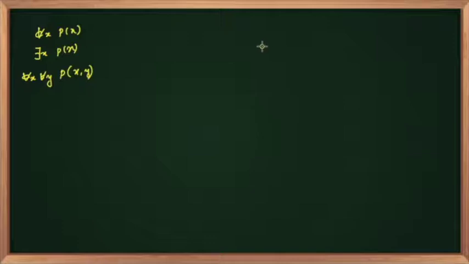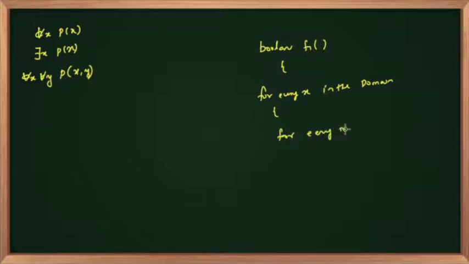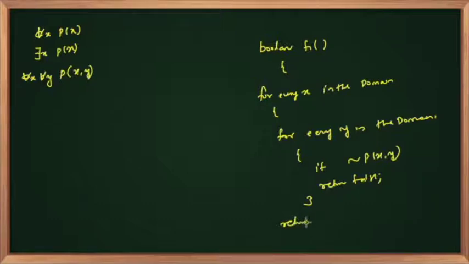So you have a Boolean function f1, and it says for every x in the domain, for every y in the domain, if not of P of x y, that means if P of x y is false, return false, otherwise you can return true.